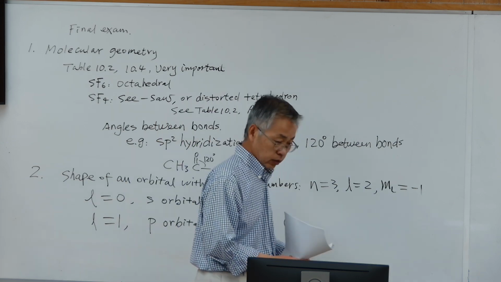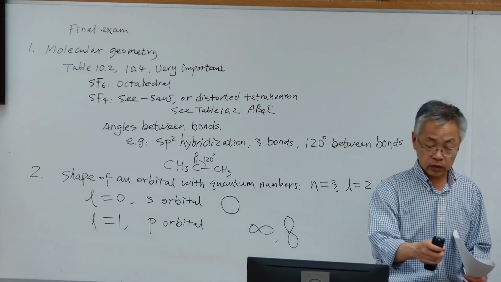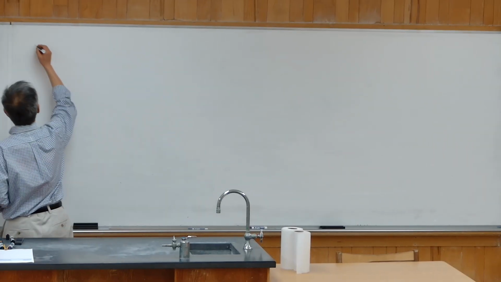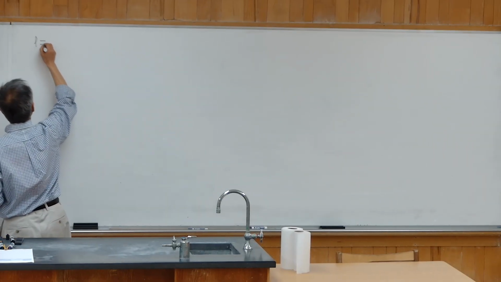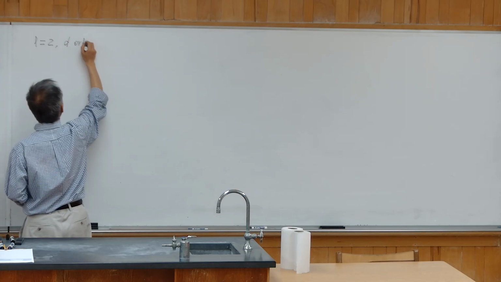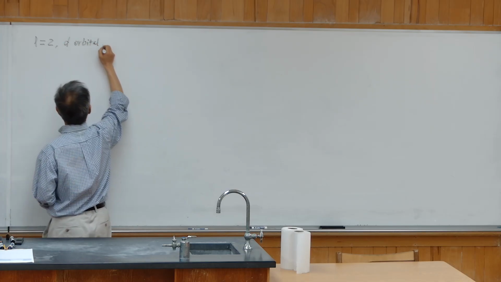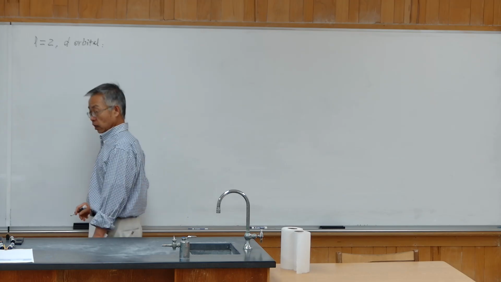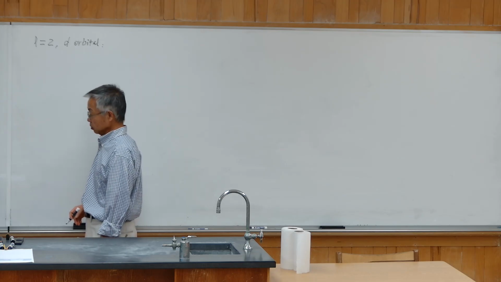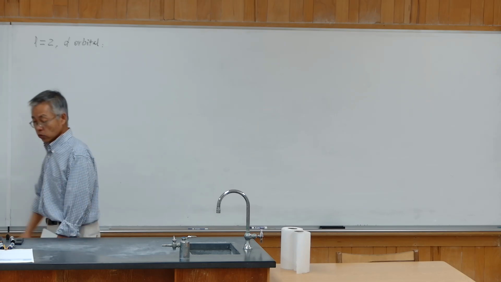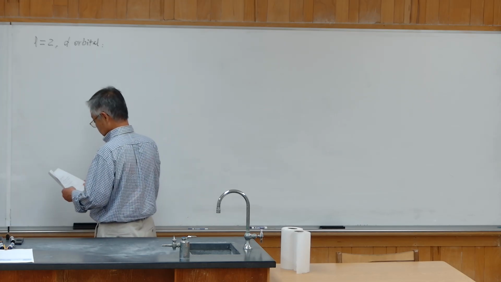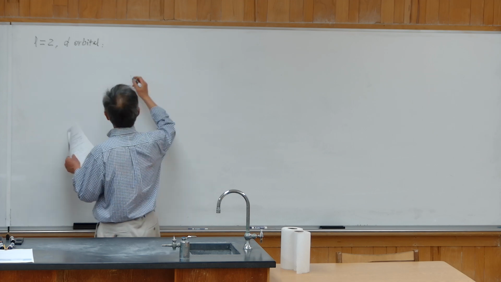If l equals 2, that is a d orbital. We have 5 d orbitals, 5 orientations. P has 3 orientations: x, y, and z. D has 5 orientations. The d orbital shape looks like this.